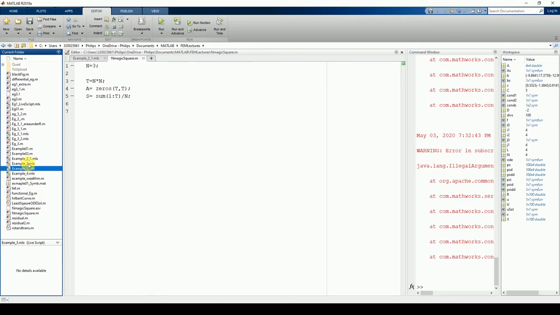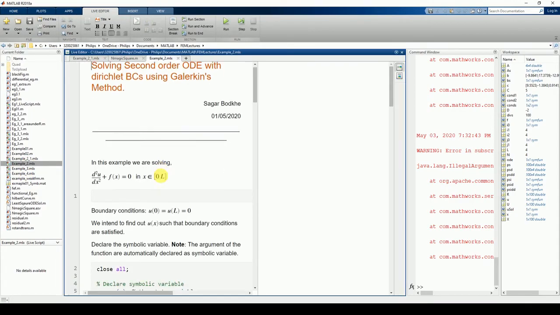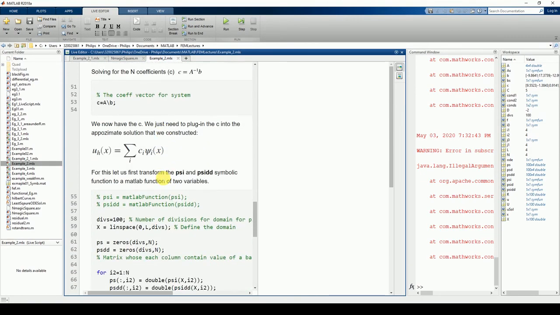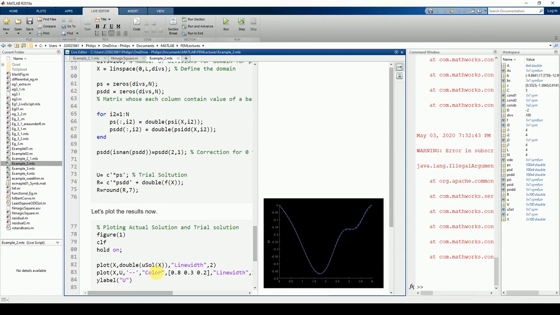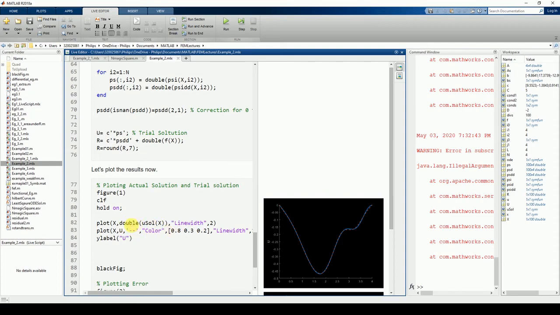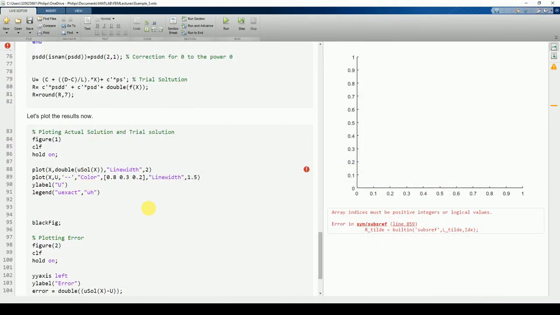Getting an error in this line, right? What is the error? u sol x is double, there's no problem with this.